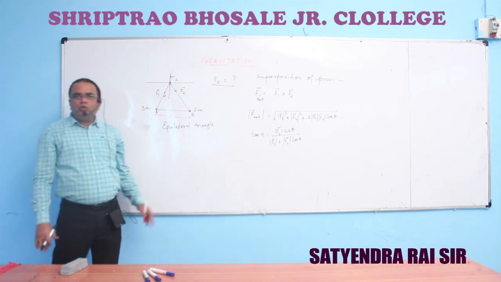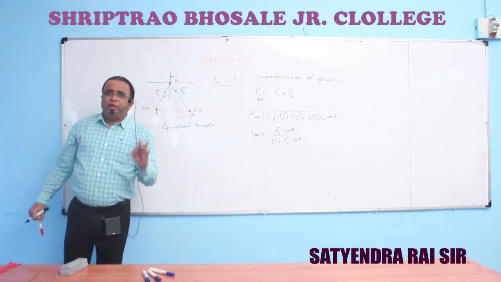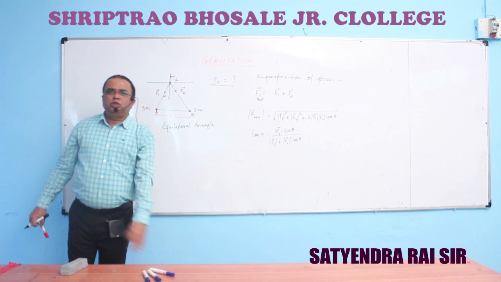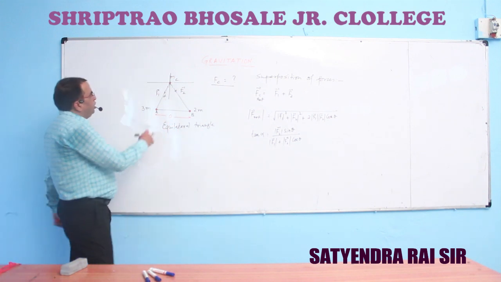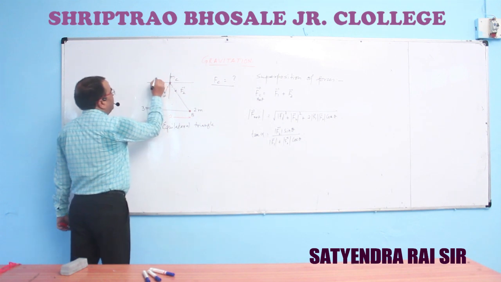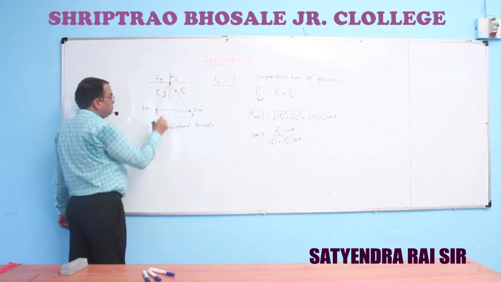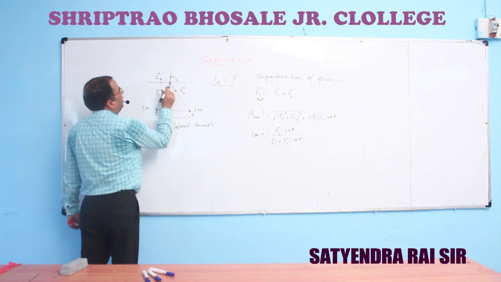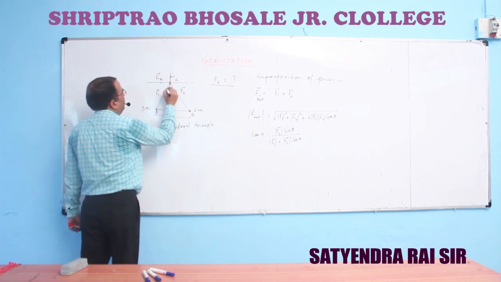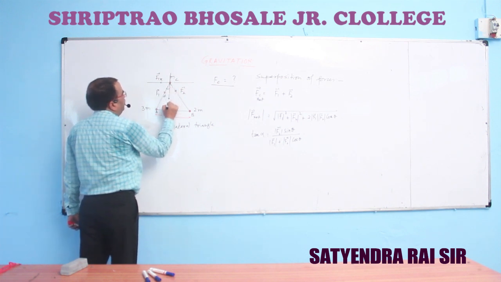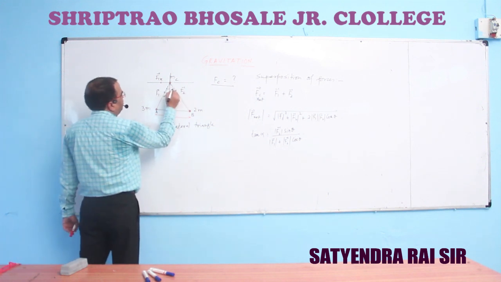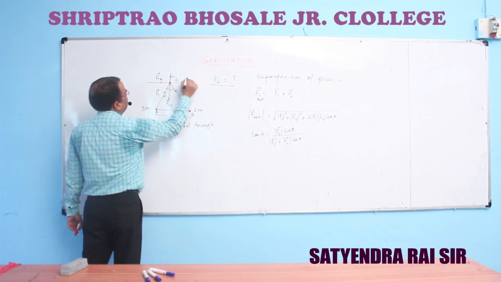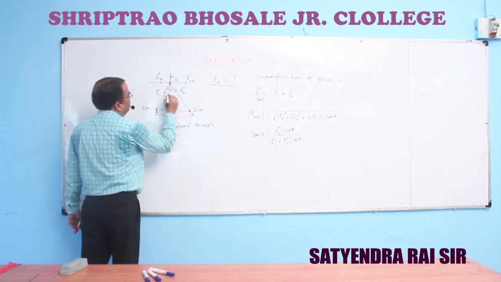When adding two vectors, we can find the components of these two vectors and then add them. That is easier. So we can find F1 here as F1x, and here is F1y. Similarly, this is F2, this one is F2x, and this one is F2y.